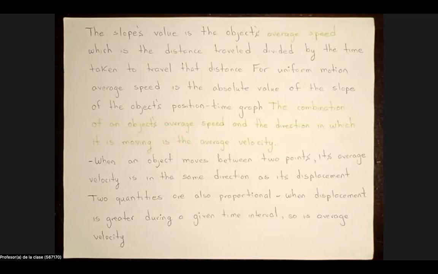So two quantities are also proportional: when displacement is greater during a given time interval, so is average velocity. Average velocity is related to displacement, and speed has a relationship, for example, with distance.